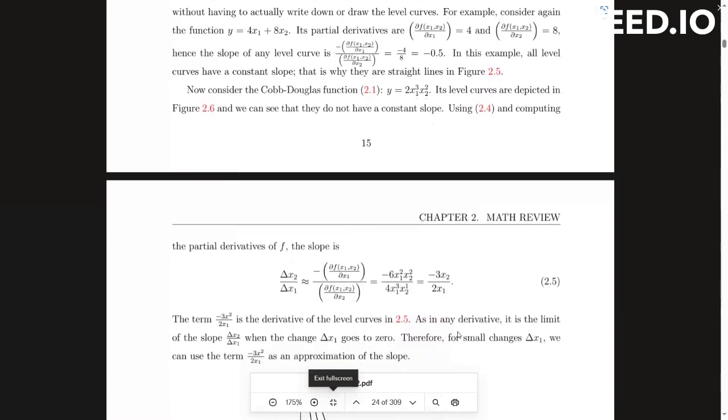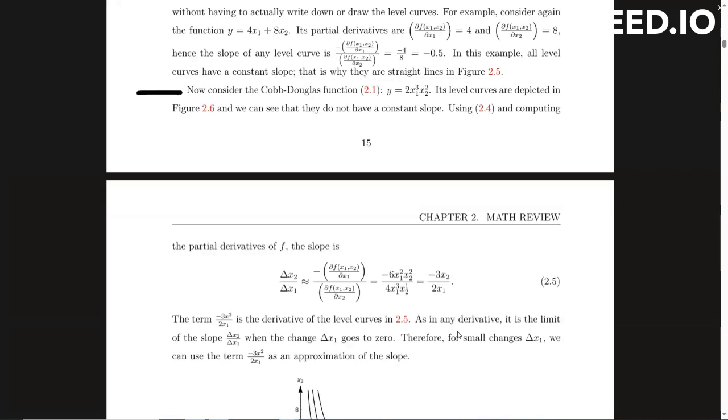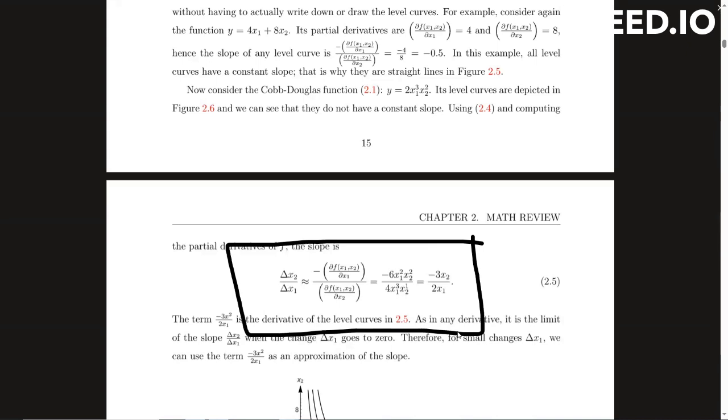It is the same thing, but my thoughts are kind of dwelling right here. Now consider the Cobb-Douglas function. We don't have to do it there, but if we take the partials and we plug into our equation, you could do the thing there. It's a Cobb-Douglas function, which down below we see is going to be a little bit more difficult. So of course, this time it does equal an equation: negative 3x2 over 2x1.